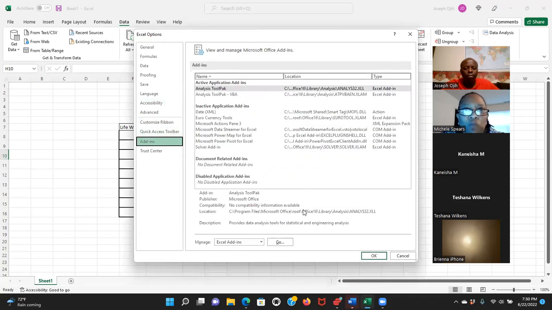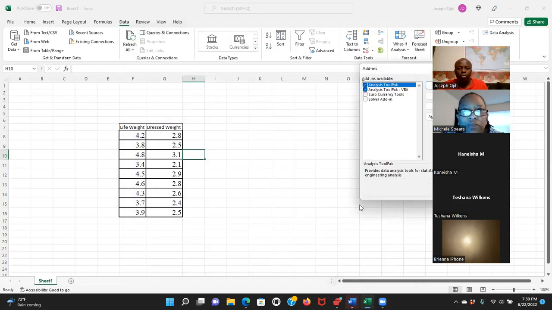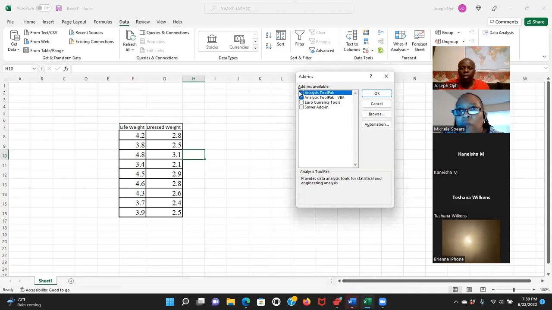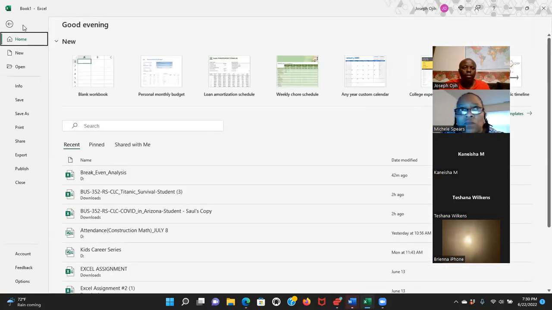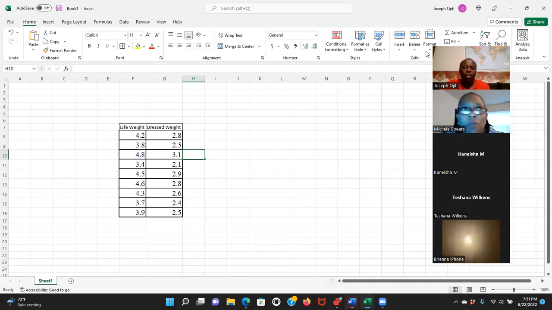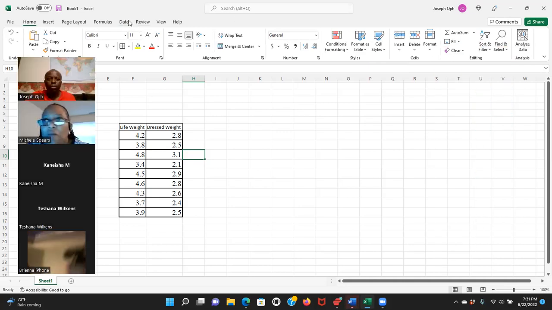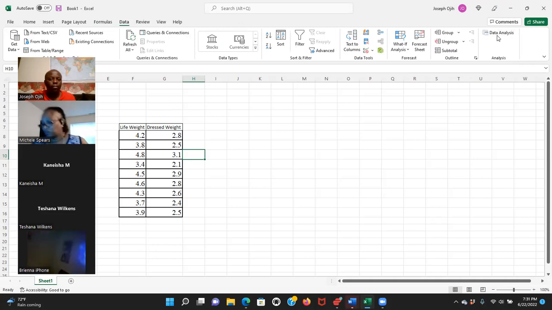Click on that, and click on Go. Once you click on Go, it will bring this box. Then you check these two things. Once you check them, click OK. Now, we go back again to Data. You will see that the Data Analysis ToolPak will be showing on this side.